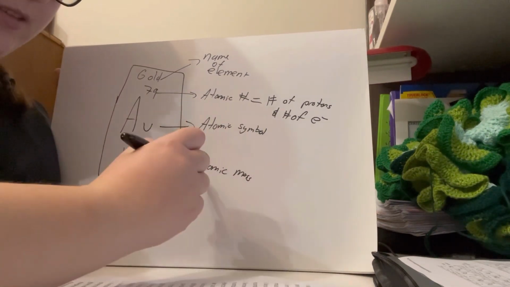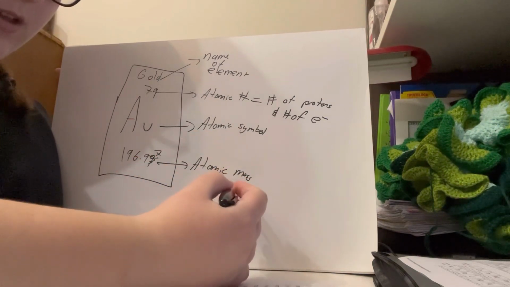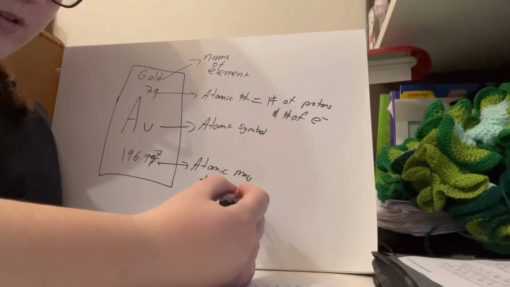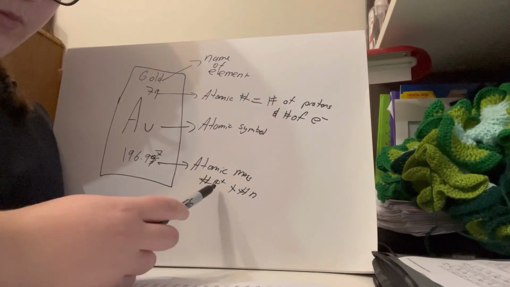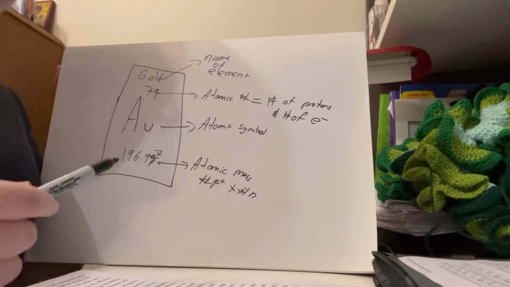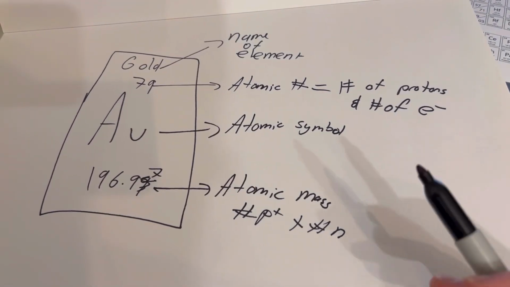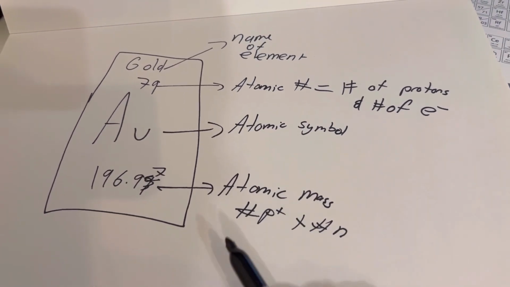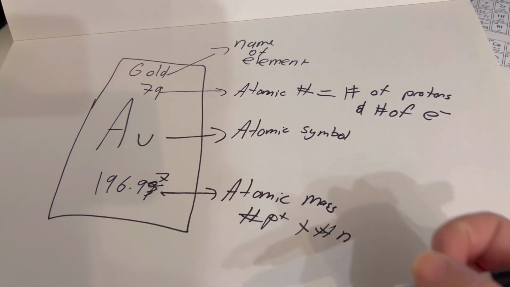Your atomic mass is the number of protons plus the number of neutrons. Because we know what our number of protons is, thanks to the atomic number there, we can work out how many neutrons it has.